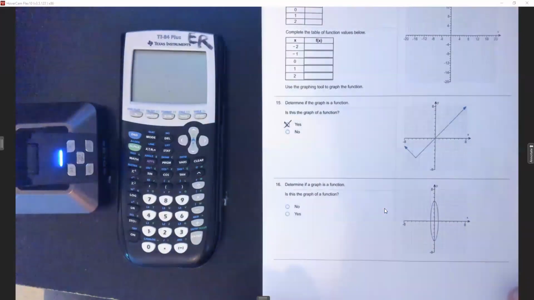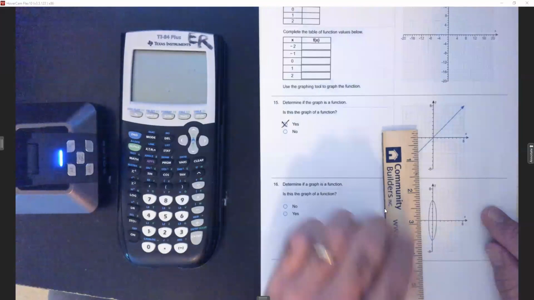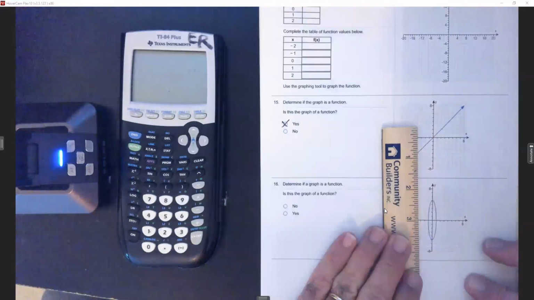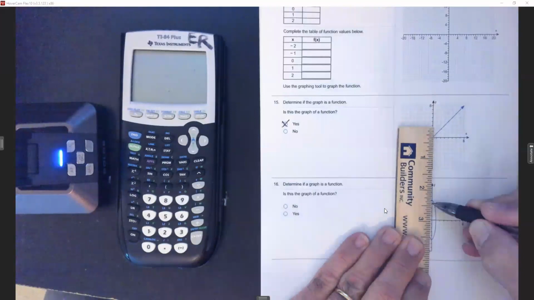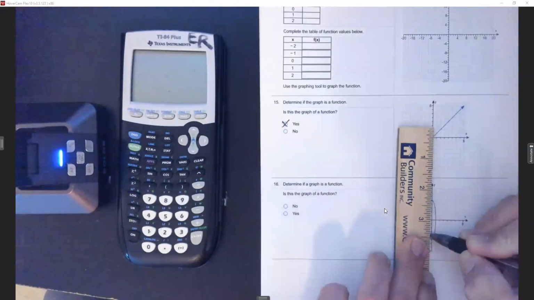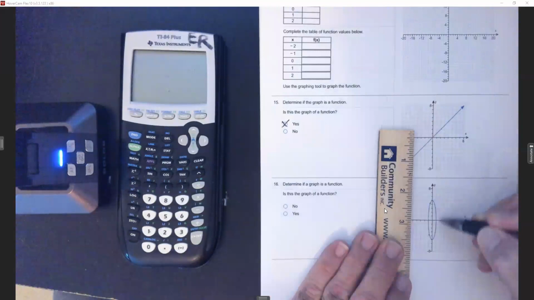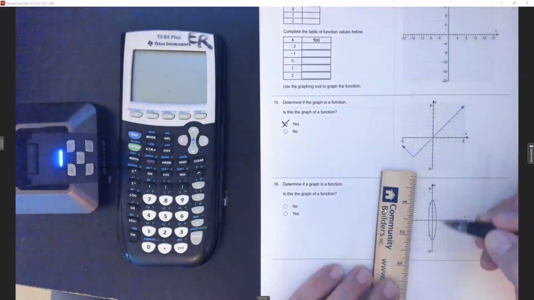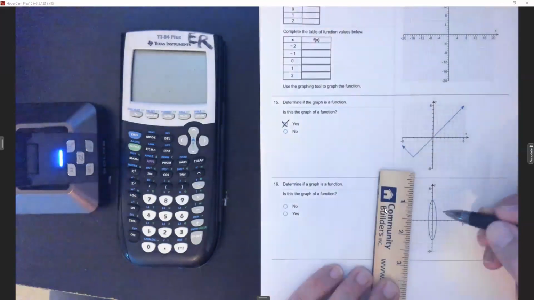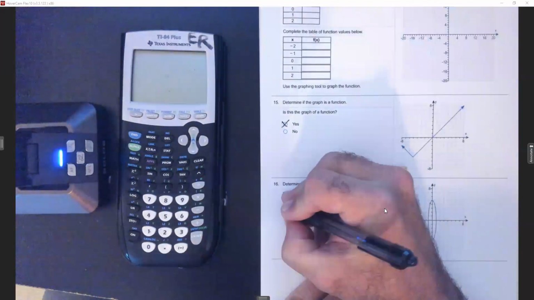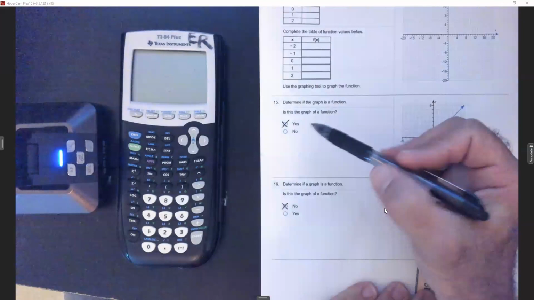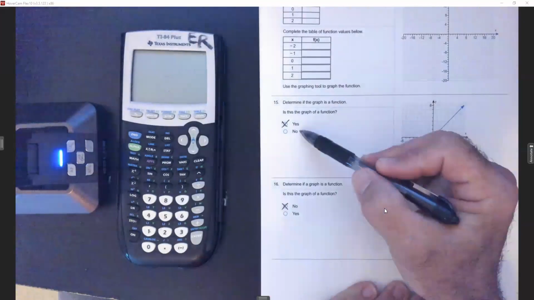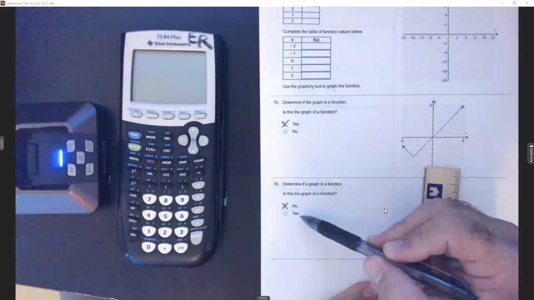Then you look at number 16 here. You're running your little vertical line left to right. Uh-oh, I'm intersecting this graph at the top and the bottom, quite a few places on it. So since I'm getting more than one Y value for these X's, this one would be a no. And y'all watch them, they're tricky. Here they got yes on top, no on bottom. This one they put no on top, yes on the bottom. So you've got to watch them with that, okay?